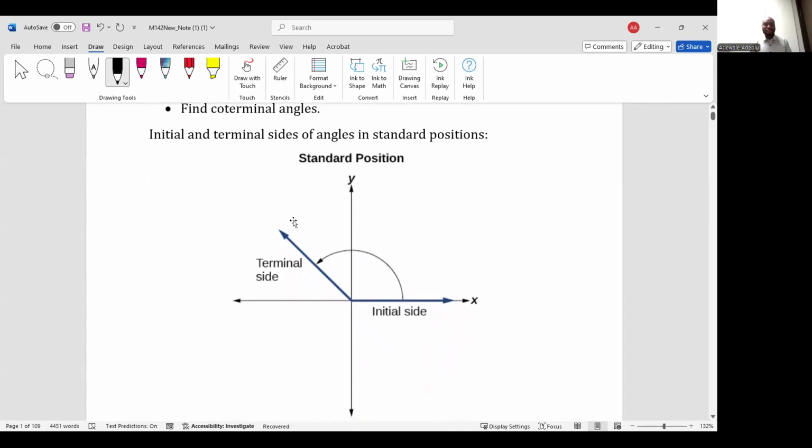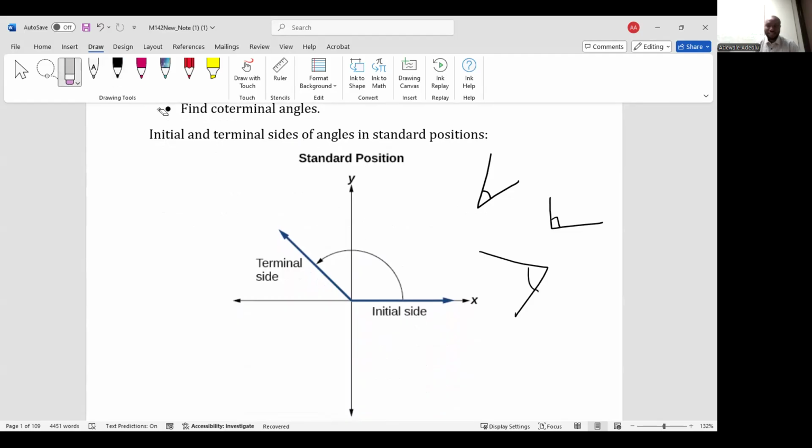Okay, so let us start to talk about how to make angles. Now I will be talking about initial and terminal sides. Before now, you know that you can make angles in different ways, for example, what I just did, or something like this, whichever way you want to make angles.